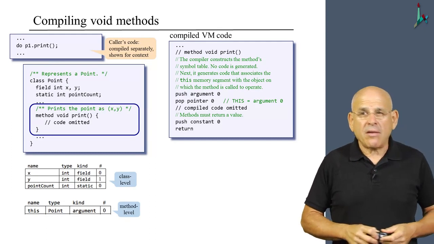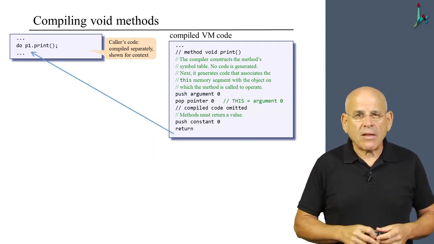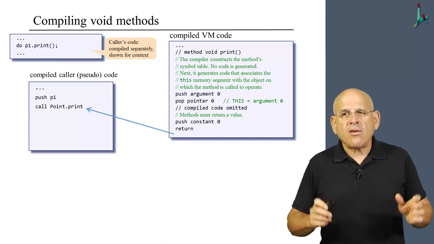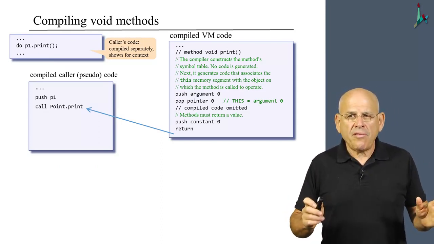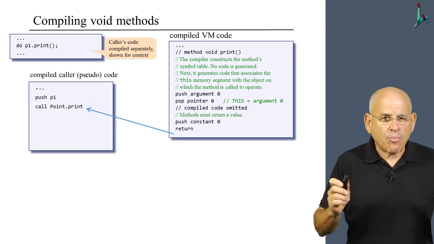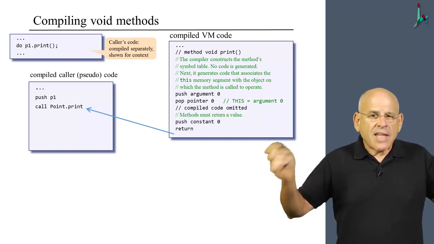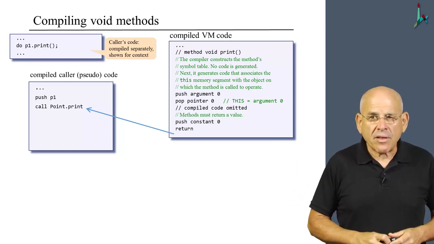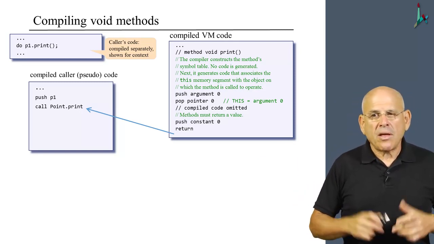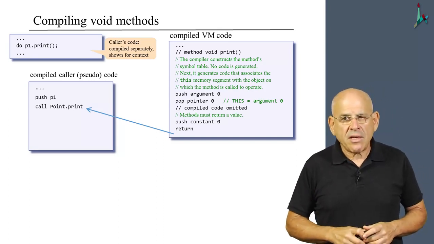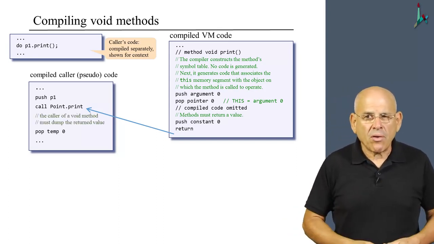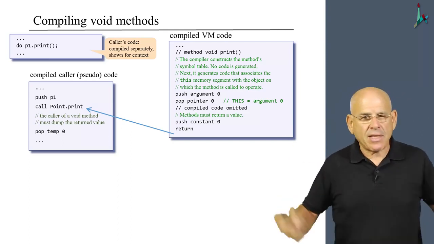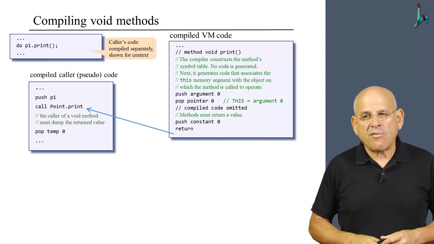We return right here, and if we look at the compiled code right there, the compiled code faces the slight problem that the stack contains some unnecessary value, and we have to get rid of it. So that's exactly what we do in the last command that you see here, pop temp 0. We pop the top value of the stack and we dump it somewhere in temp 0, for example.